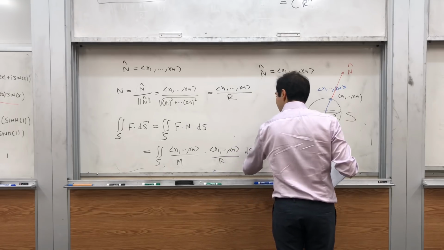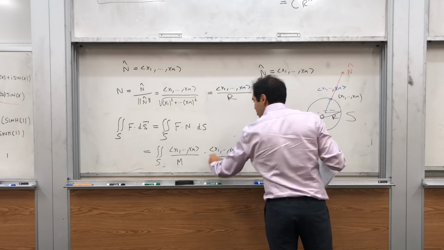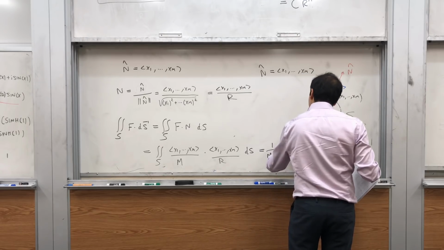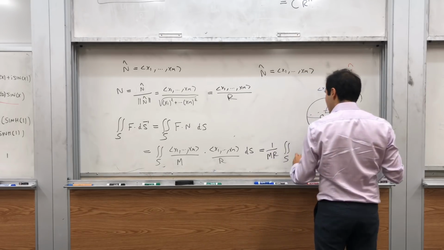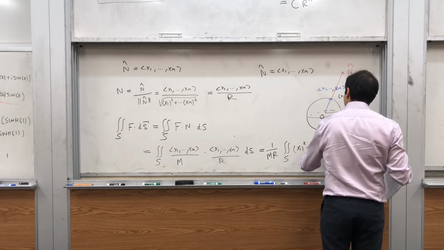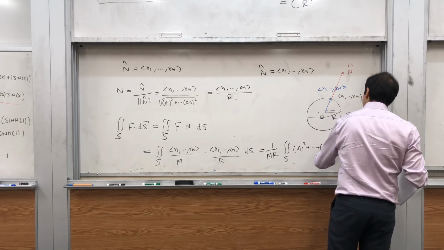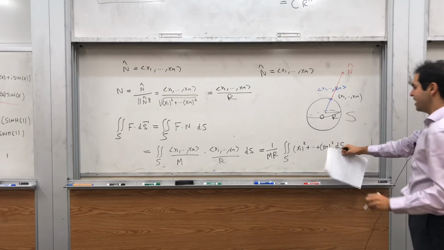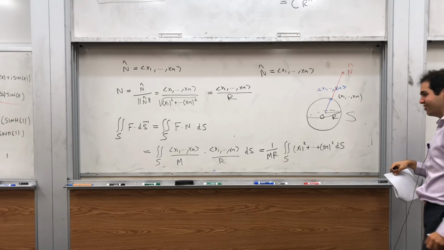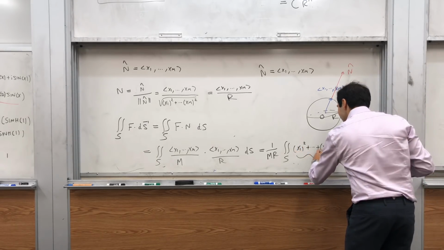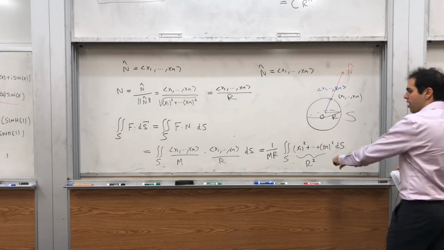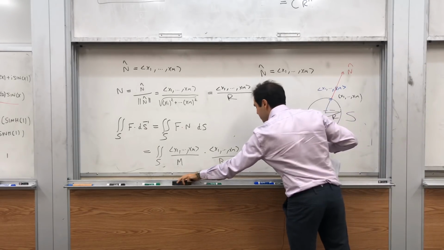dS. And what you get is, this mr comes out, 1 over mr, double integral over S of x1 squared plus dot dot dot plus xm squared dS. But again, because you're precisely on the surface of the sphere, this equals precisely r squared. So you get r squared that comes out.